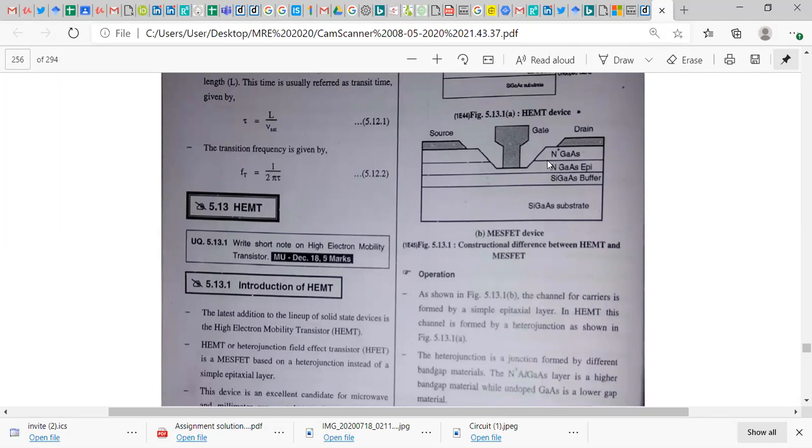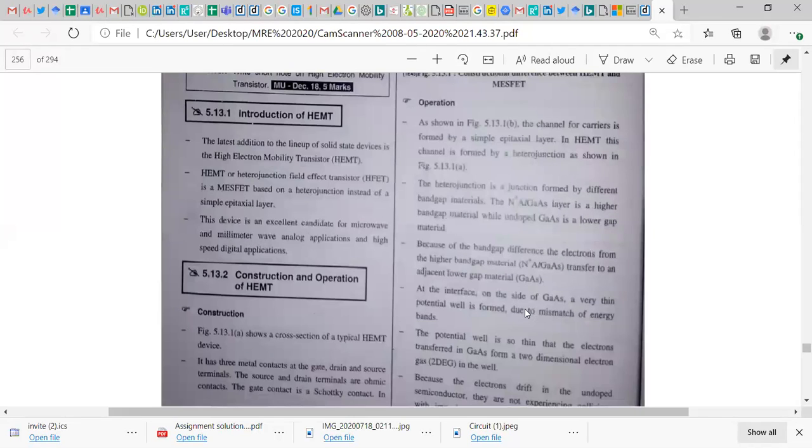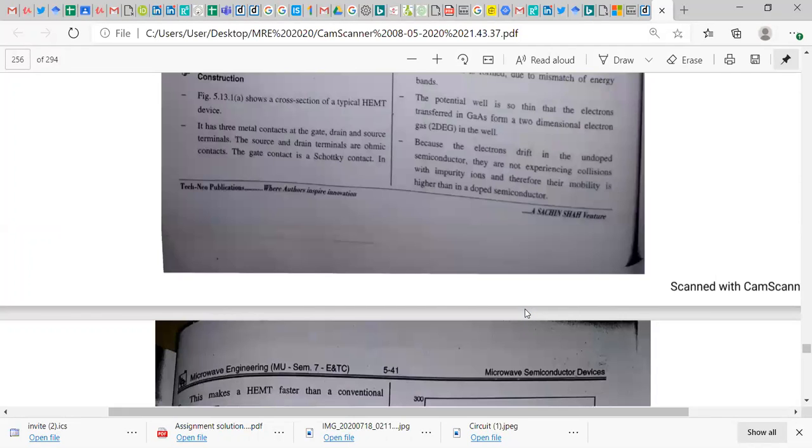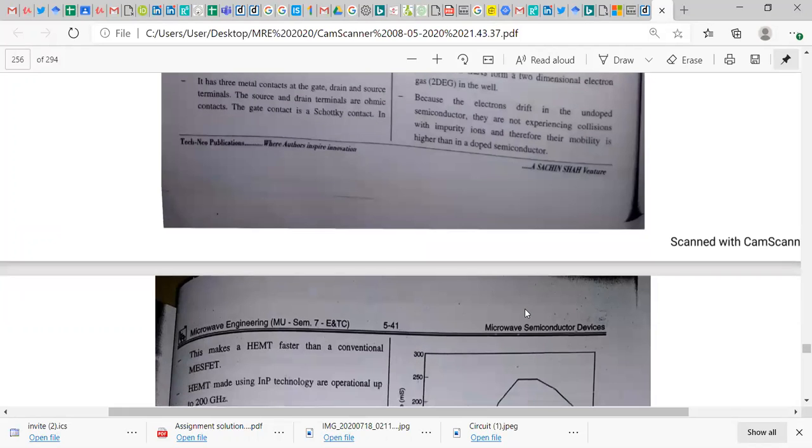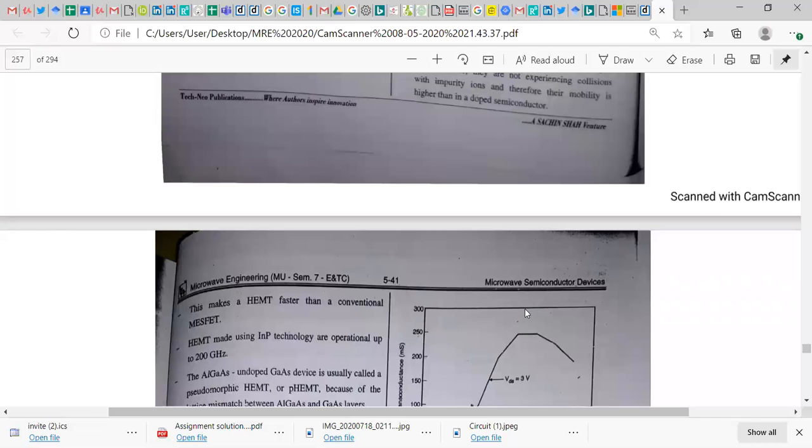Therefore, electrons after entering N-type experience fewer collisions and are free to move. Mobility increases in N-type, which allows free movement of electrons, produces large current, and allows operation at high frequency.